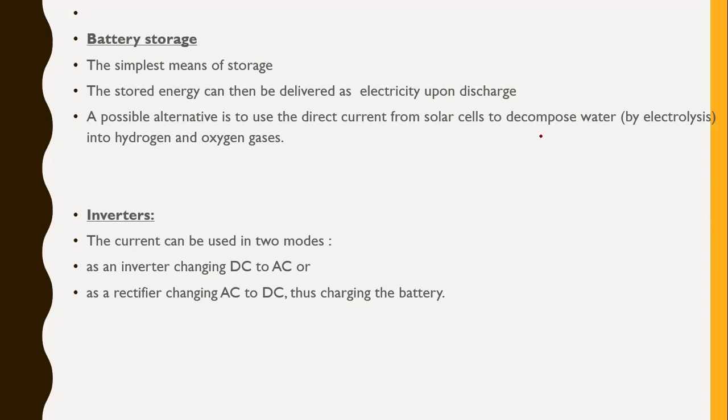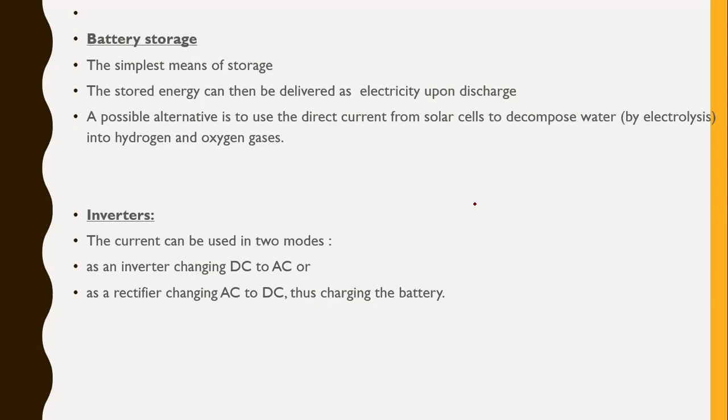The common ones are lead acid storage batteries. These are used in automobiles, and these are not ideal. What we use in automobile batteries is not ideal for this purpose.